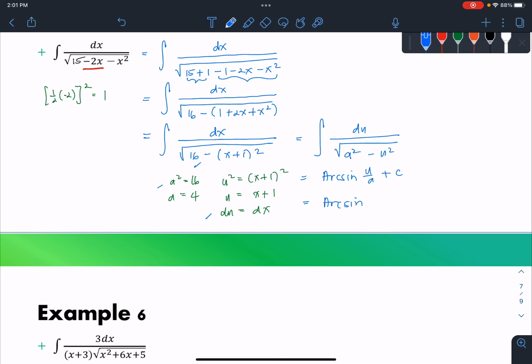Our u is x plus 1, our a is 4 plus c. So that would be arc sine of (x plus 1) all over 4 plus c. So we don't have 1 over a for arc sine. Only arc secant and arc tangent have the 1 over a.